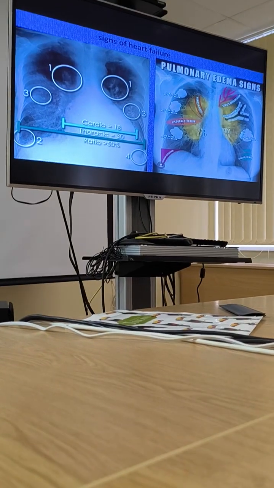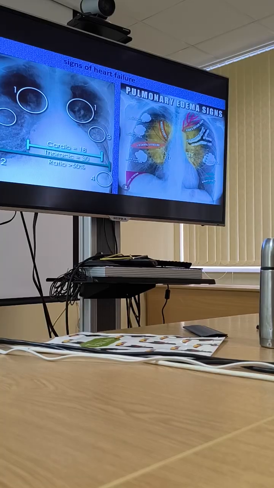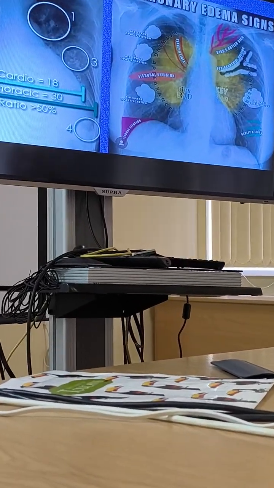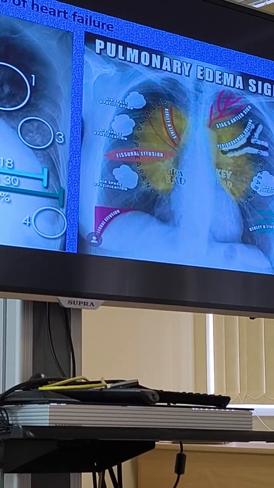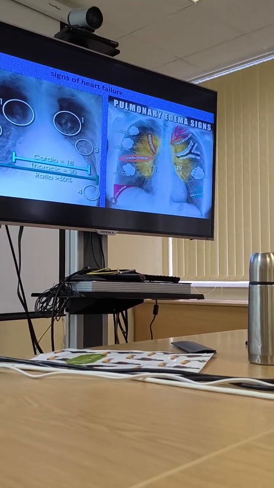But what we can do is see, in a really clear and simple manner, the signs of heart failure. Here is how it works. The lungs give us the possibility to see the real vessel picture.